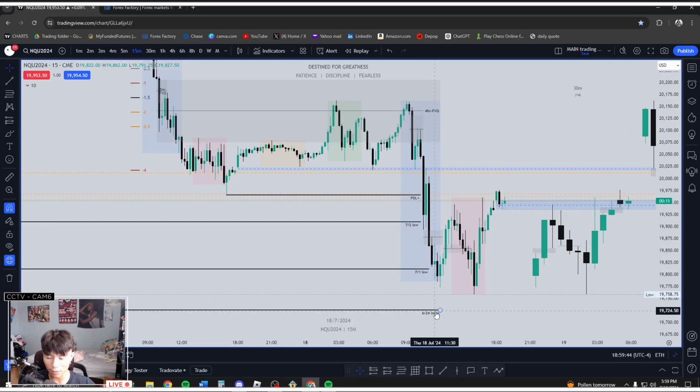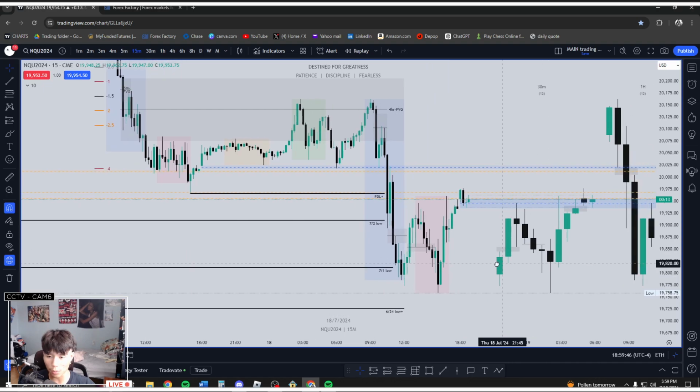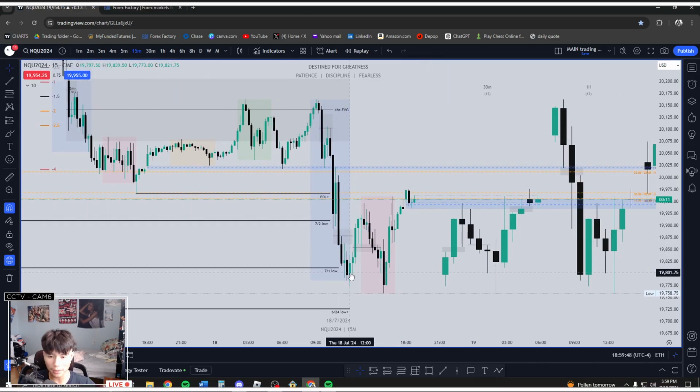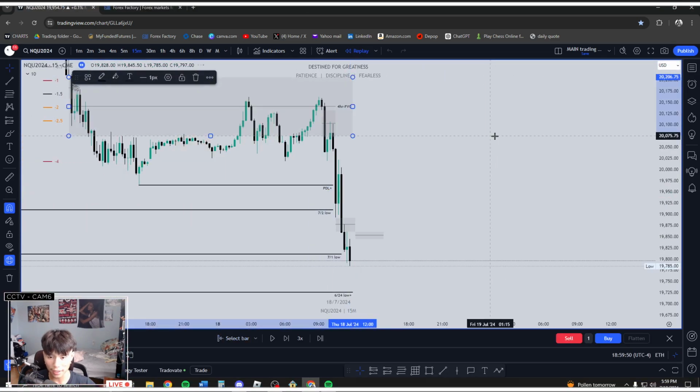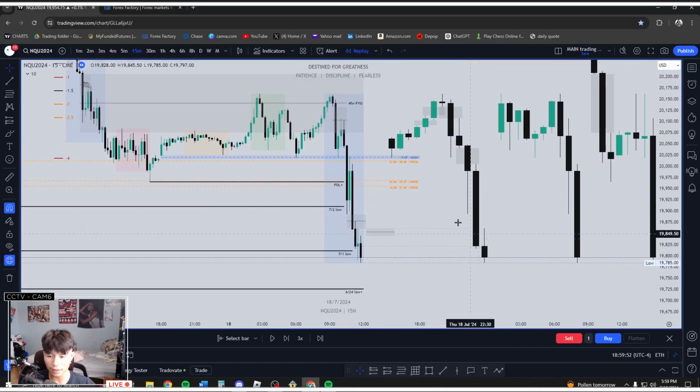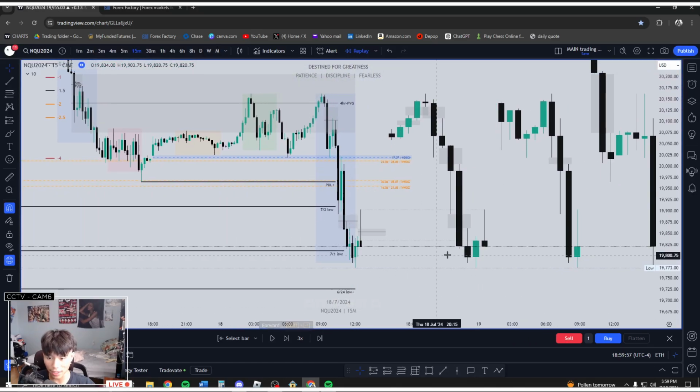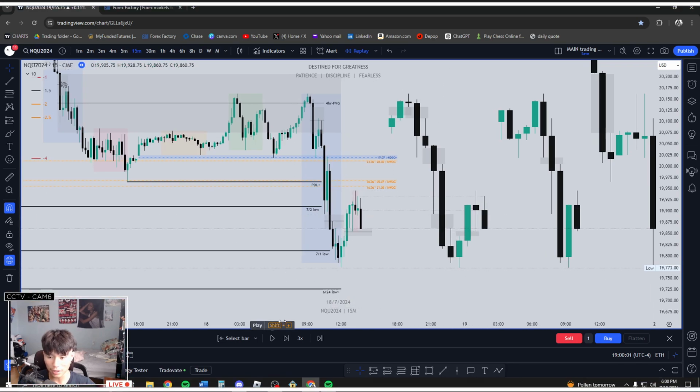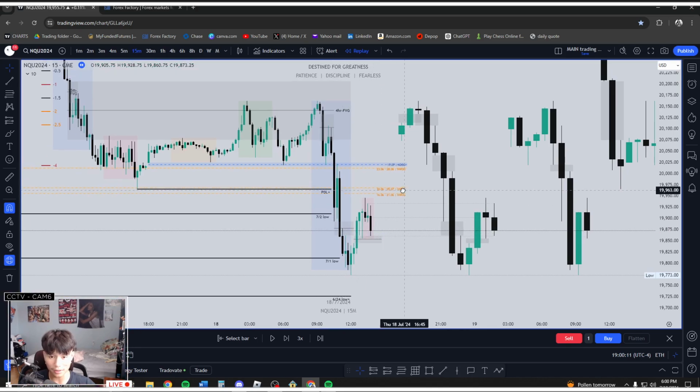For us to take out June 24th's low, I would have had to see more displacement towards the downside. And here, we didn't respect any of the fair value gaps. We didn't respect this 30-minute fair value gap, and we just closed above it. This 30-minute fair value gap should have been treated as resistance and supported the idea of us going lower, but we didn't treat it as resistance.